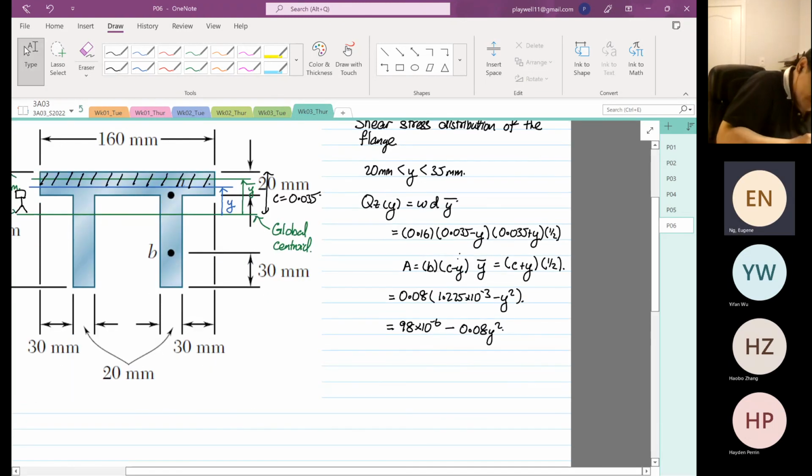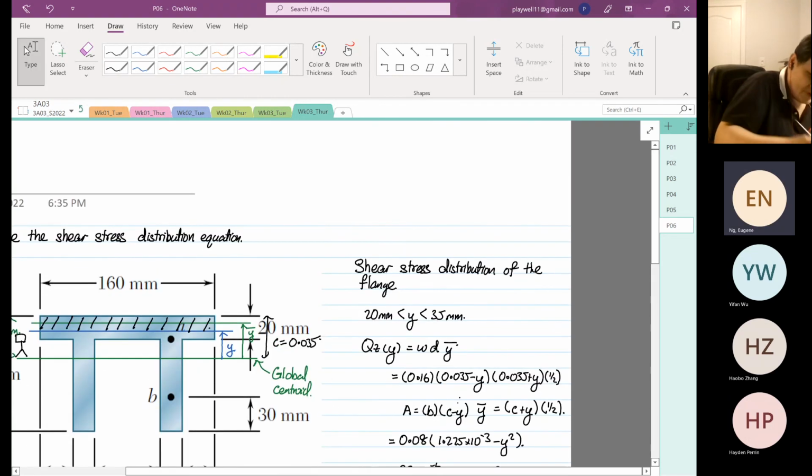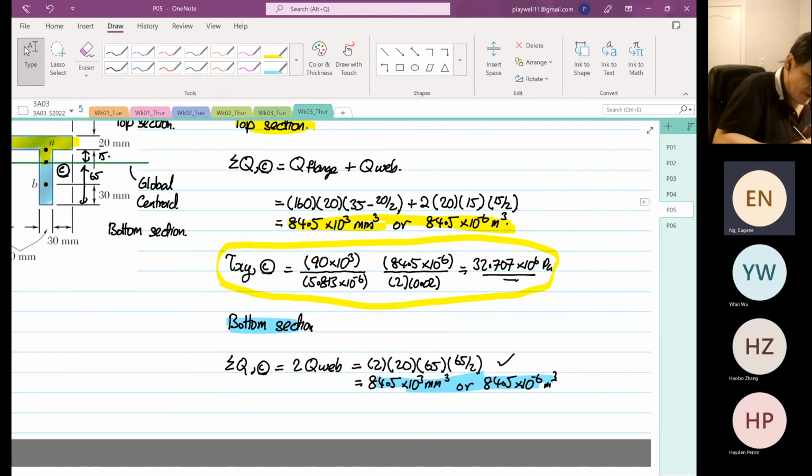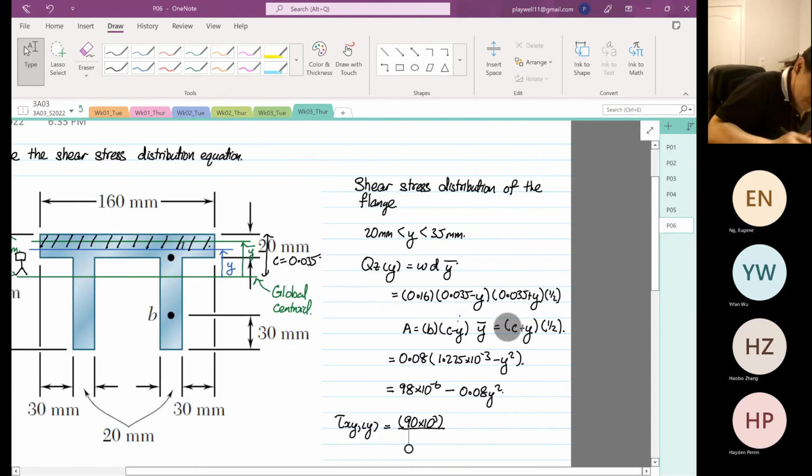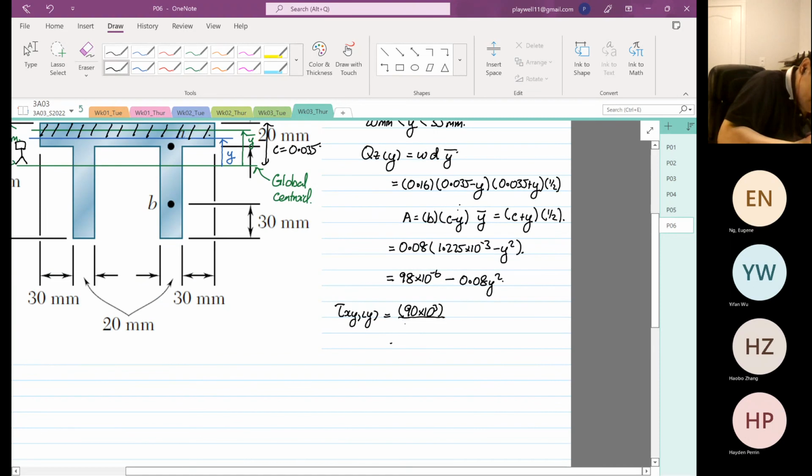The shear stress as a function of y is equal to, so the V is the same and the I did not change, 5.813 times 10 to the power minus 6, multiplied by 98 times 10 to the power minus 6 minus 0.08 y squared.